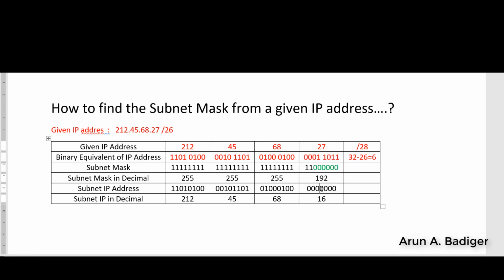So even this one will become 0, and obviously this goes to 0. Now the subnet network address is 212.45.68.0. So this is how we can find the subnet mask and also the subnet network address from a given IP address with /26, that is the CIDR number.